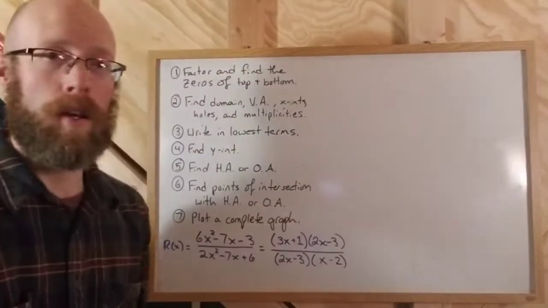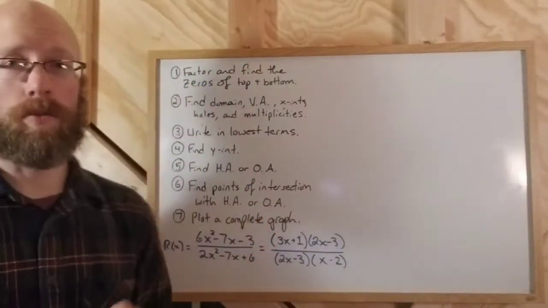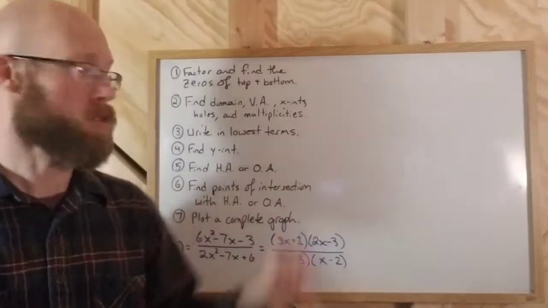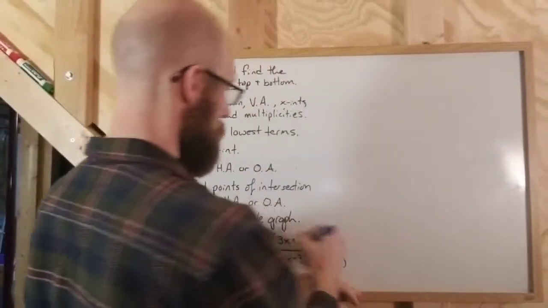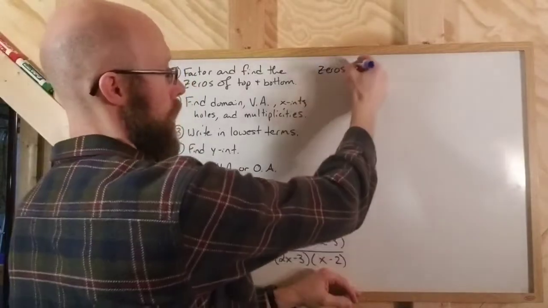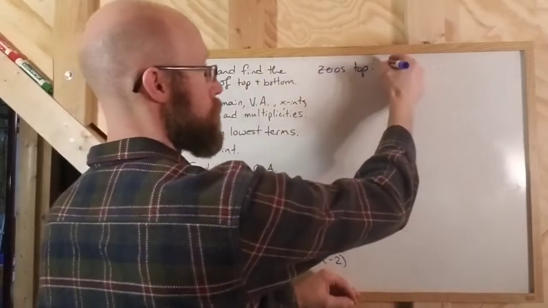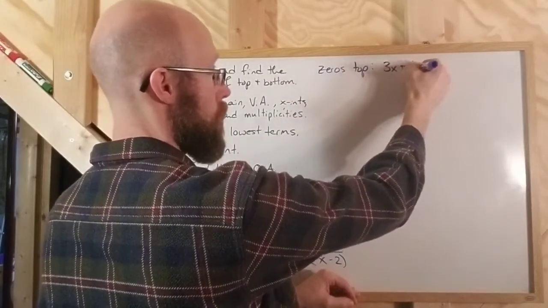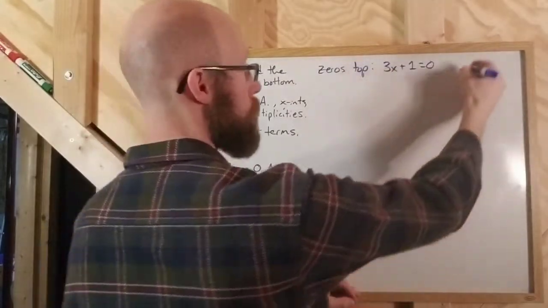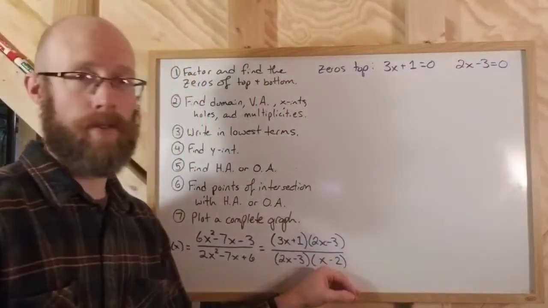Okay, and so now I've factored, and now I've got to find the zeros at the top and the bottom. So I'm going to stick with that. Let's take the top. The zeros of the top, I take each of those factors, set them equal to 0, and solve for x.